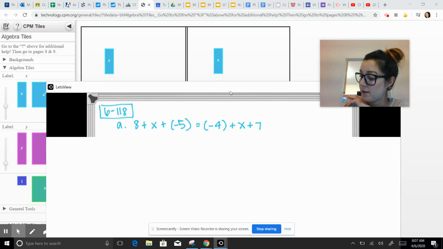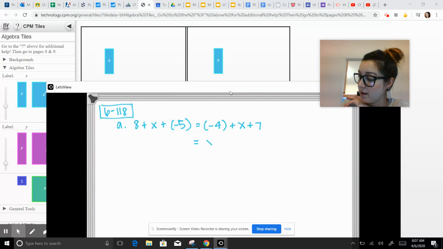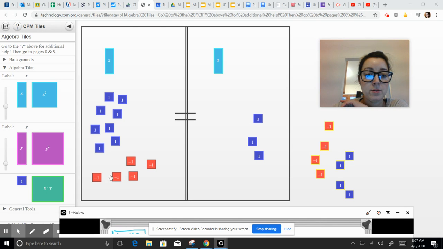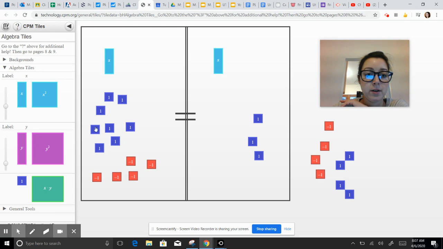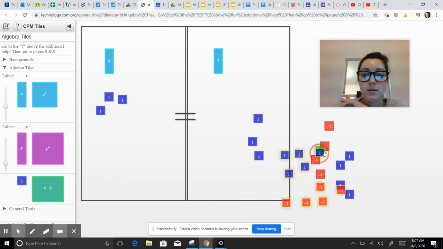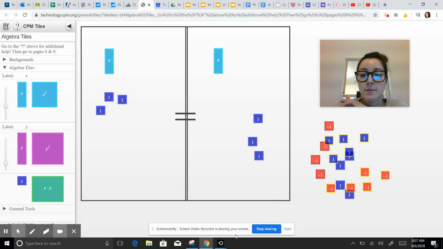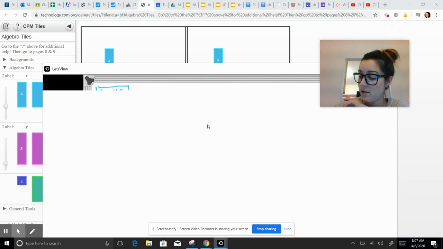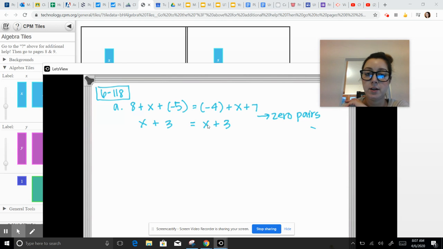That turned into x plus 3 because we got rid of zero pairs. Then on the other side, we're going to do the same thing. I have 1, 2, 3, 4, 5 zero pairs that we can get rid of, and we're left with x plus 3. So I'm going to record that in my notebook. So x plus 3 over here.